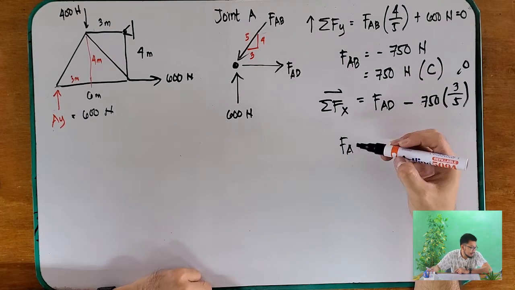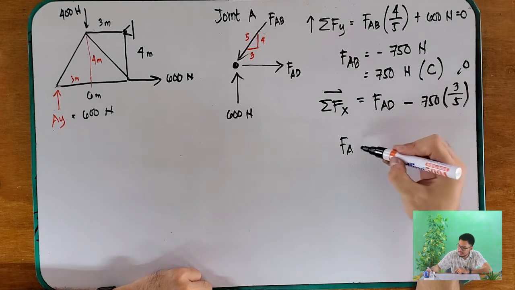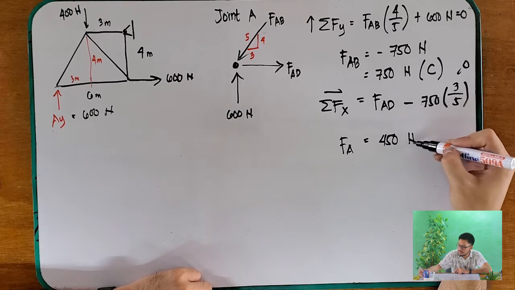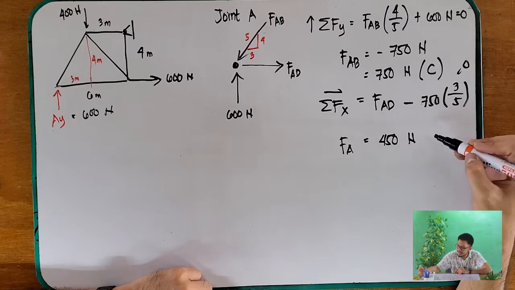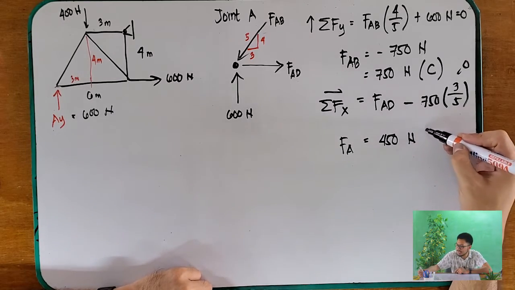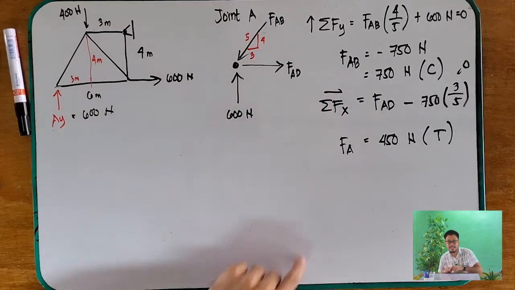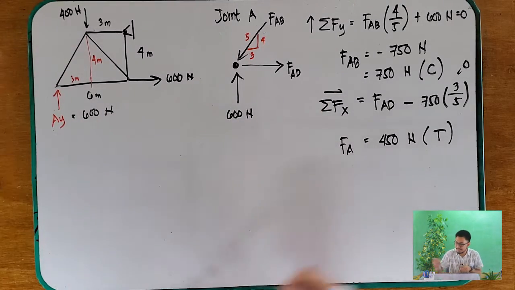So, therefore, your FAD is 450 newtons. And since this one is positive, then this is in tension. So, we solve for FAB and FAD.